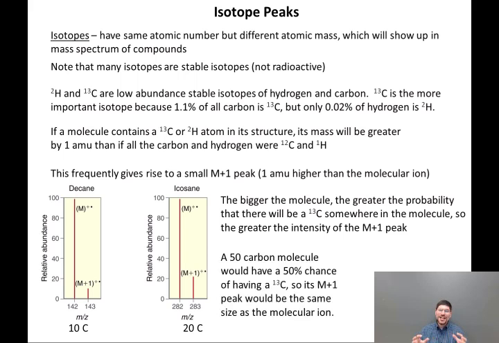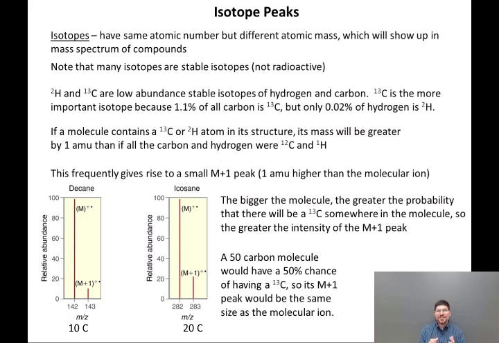In fact, if you got to a molecule that was as big as 50 carbons, given that any particular carbon has a 1% chance of being a carbon-13, once you get up to 50 carbons, you would actually have a 50% chance of having a carbon-13 somewhere in the molecule. So the M+1 peak would then actually be the same size as the molecular ion that you would calculate if everything were carbon-12.